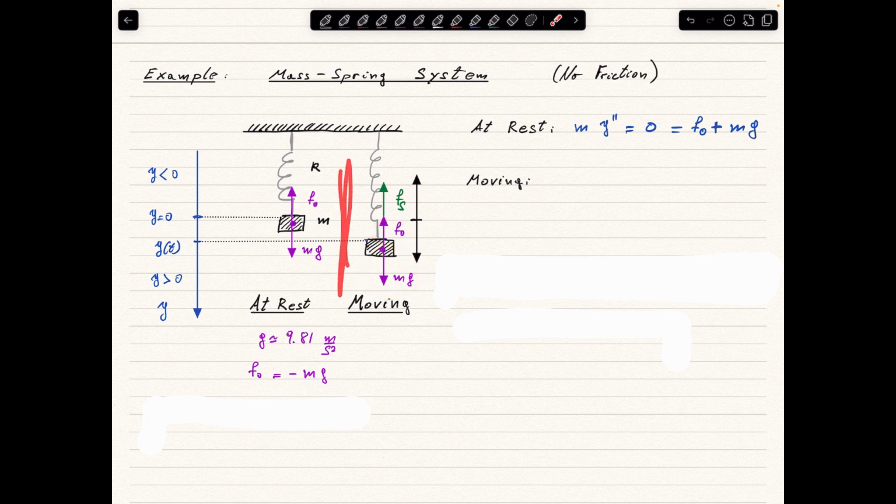Since the spring is moving, there should be another force, which is again done by the spring. When the spring is stretched more, the force done by the spring is bigger, and we decompose this force into two parts: the force F0 that balances the weight and the rest.